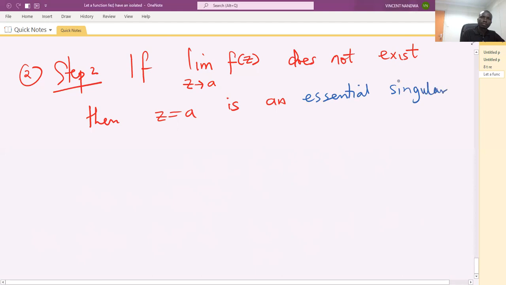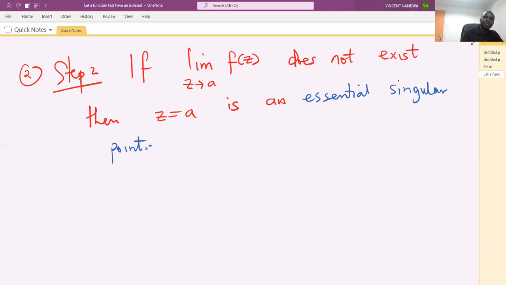So when the limit of the function as z approaches a, the limit doesn't exist, then that defines an essential point.